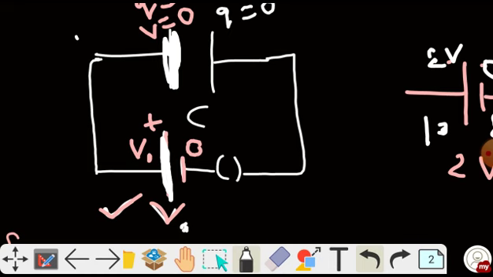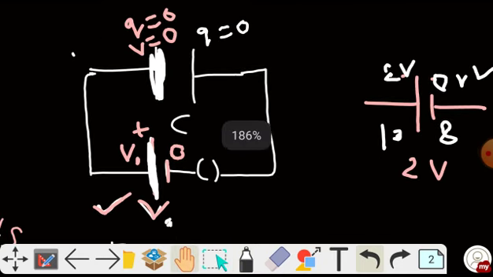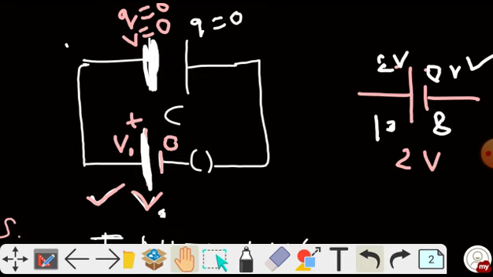Now if you see properly, the positive terminal of this cell is connected to this plate of the capacitor, and we all know that when two conductors are connected with a wire, a conducting medium, and one conductor is at a higher potential and the other at a lower potential, then charge will flow. Here in this diagram, the positive terminal of our cell or battery is at a higher potential, that is V0, and the plate of our capacitor is at zero potential.